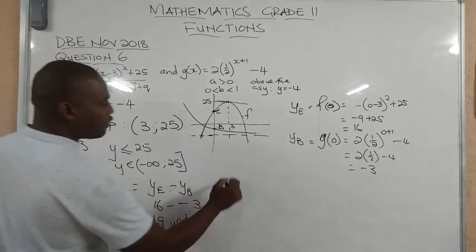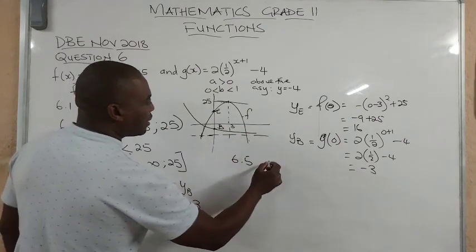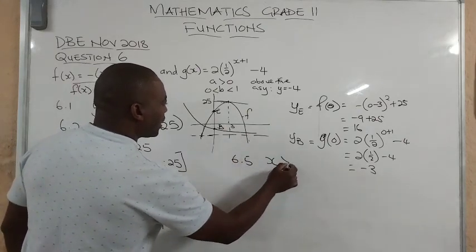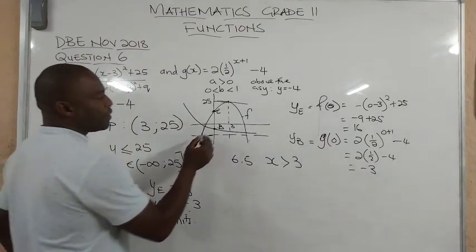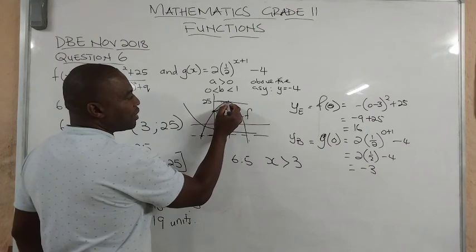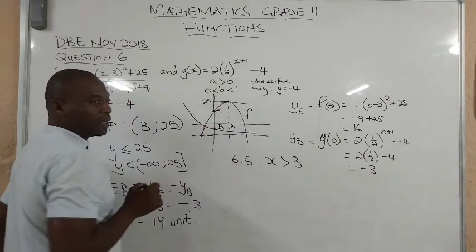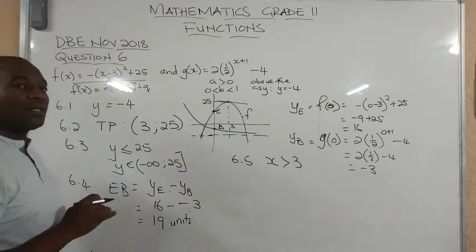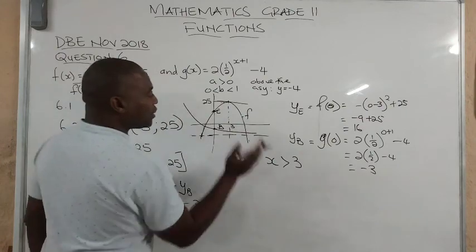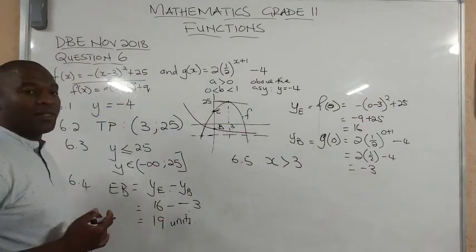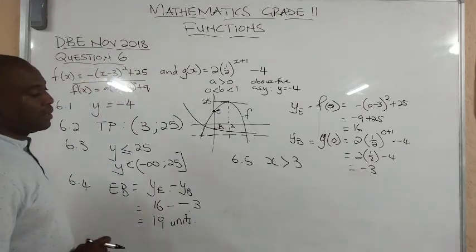So 6.5, we are saying f is decreasing for values of x that are greater than 3. And remember that when x is 3, the gradient at the turning point is neither increasing nor decreasing. So it will start to decrease after 3. So that's why we are saying it's strictly greater than 3.